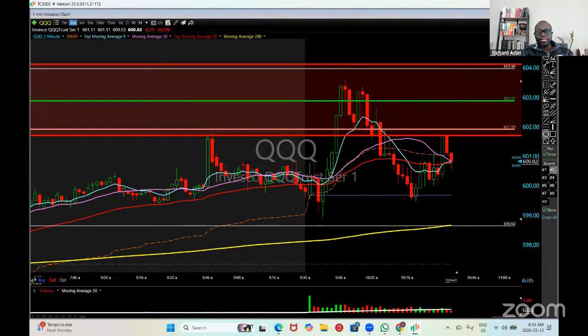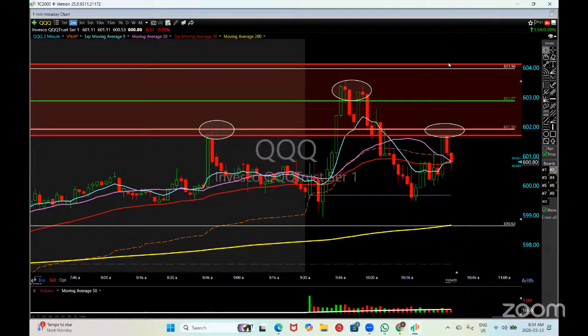Are you talking about the intraday? Can someone tell me why this rejected here, why I was looking to take profit here? Can someone tell me this pattern here? I gave you the hint already. I shouldn't have drawn it. Head and shoulders, right?